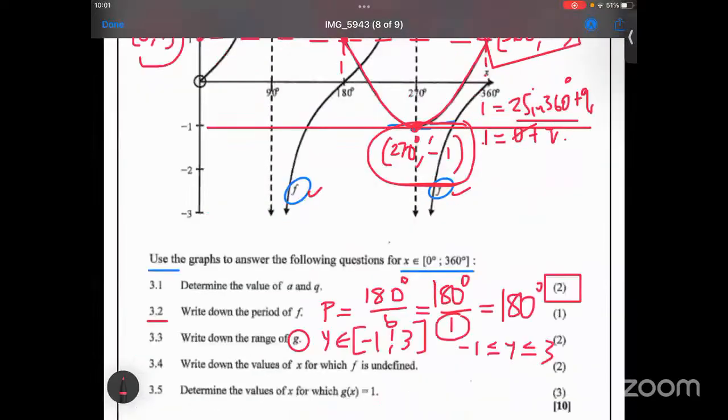Look at this question. Write down the values of x for which f is undefined. In other words, they are simply saying, write down the asymptotes for the function of f, because that's where we get the errors.